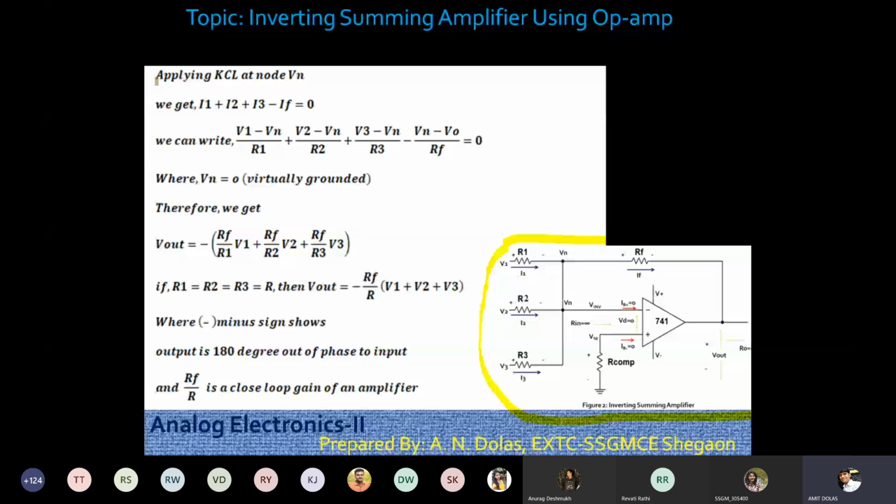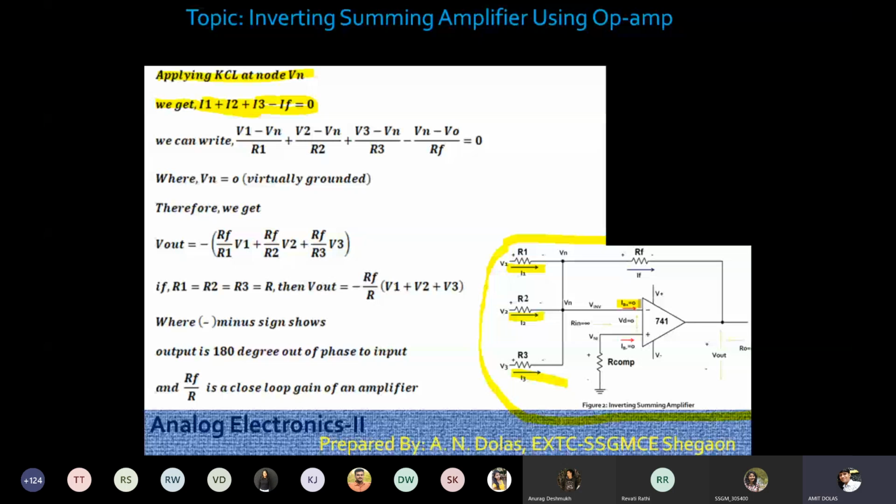Applying KCL at node Vn, we get the addition of all the currents equal to 0. So I1, I2 and I3 are the entering currents, so they are taken positive, and IF is the leaving current, so it is negative, and the total of these currents is equal to 0, which is not passing into the op-amp.